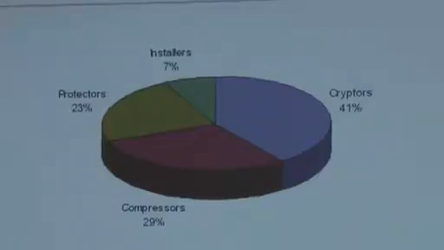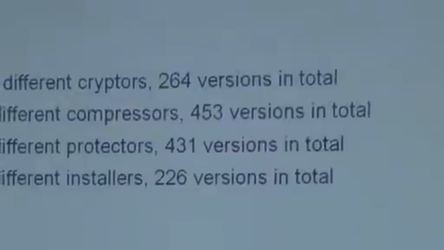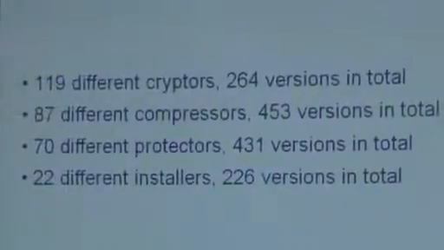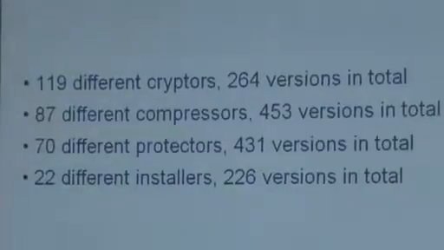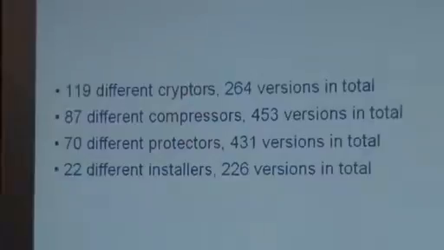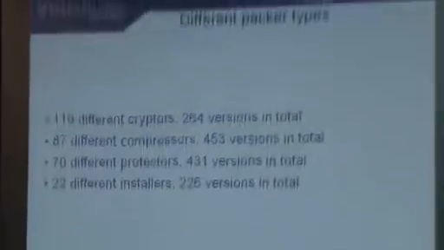What we can say is that 41% is made up by cryptors, and different pack types. These are the current ratios. Cryptors, compressors, protectors, installers. Cryptors are those which do not pack. Compressors pack, of course, but otherwise they don't do anything else.